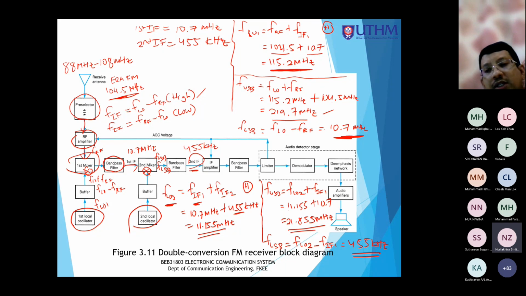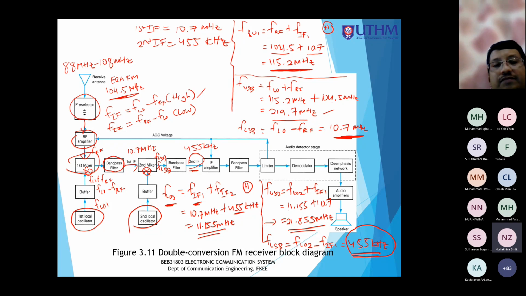Okay, so since we want to down convert, that means we can remove the upper frequency by using the bandpass filter. So the bandpass filter will remove the higher frequency, FUSB, and it will let through the lowest frequency, which is 455 kilohertz.